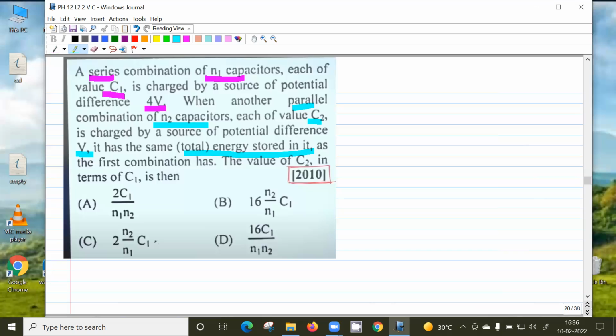This is 2010. C1/N1 into N2, but which option?